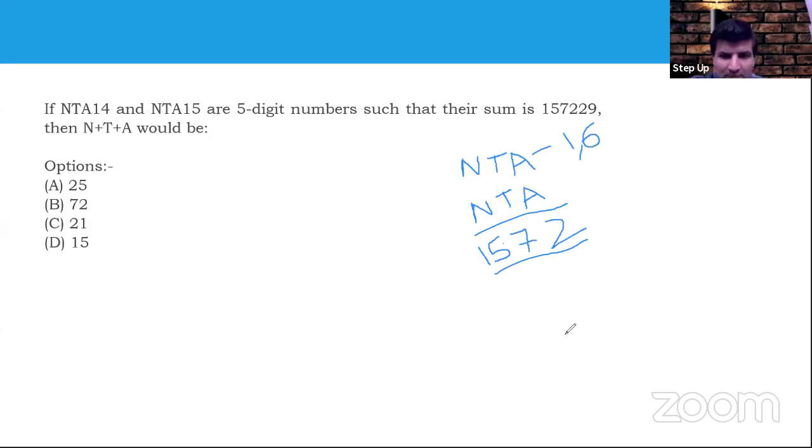Are you all with me? Yes. Okay, great. So A could be 1 or 6. Now the question is, if A is 1, 1 plus 1 would be 2. Now T plus T is coming as 7.